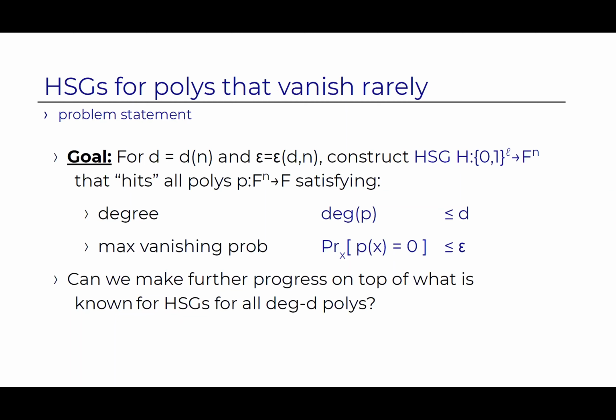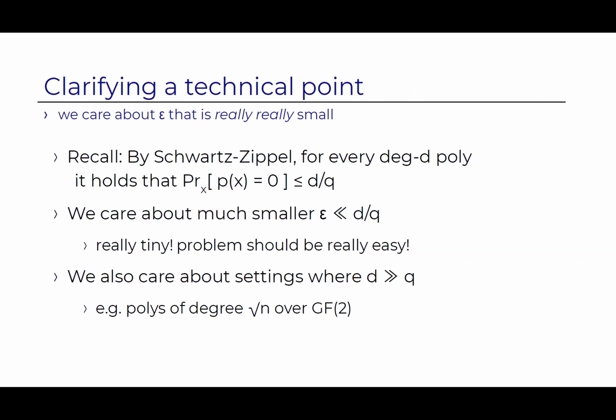And before going forward, we need to clarify one technical point, which is if you think of large fields, then you think that all polynomials already vanish rarely because of Schwartz-Zippel. It's true that low degree polynomials over large fields vanish rarely, period. But the two points that make this special case interesting are first that we will care about epsilon that is even smaller than that.